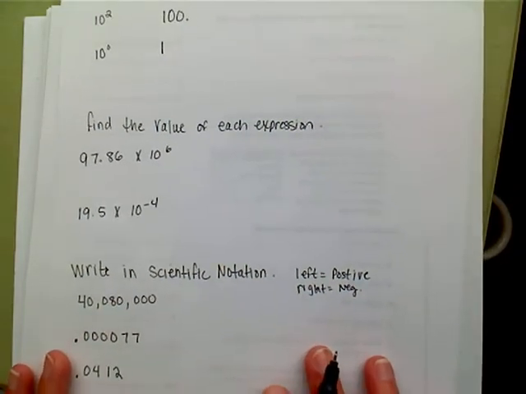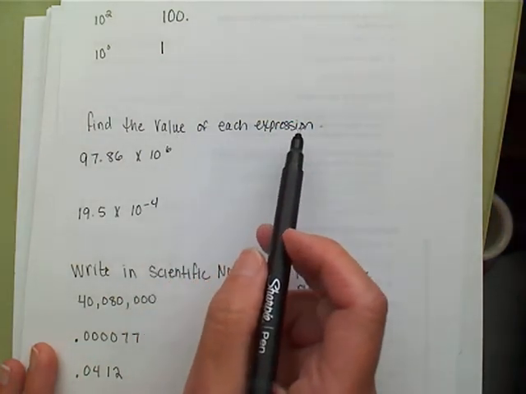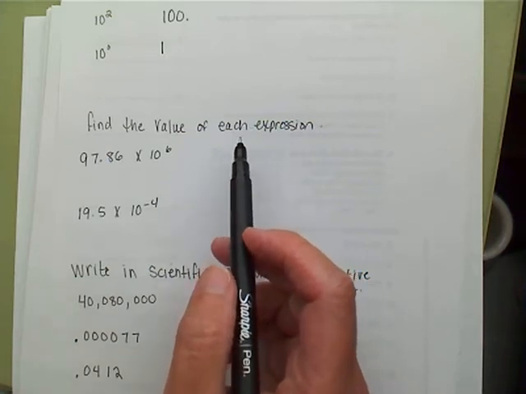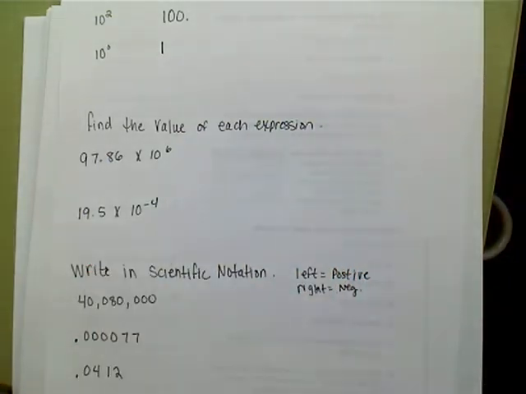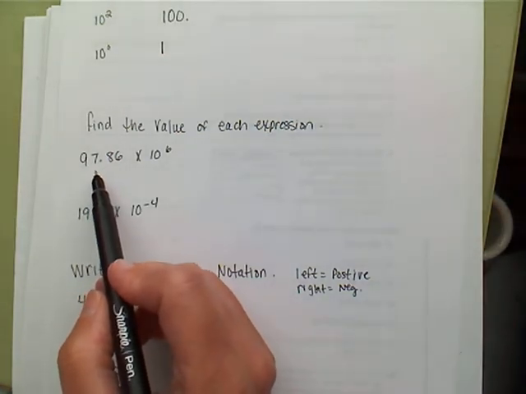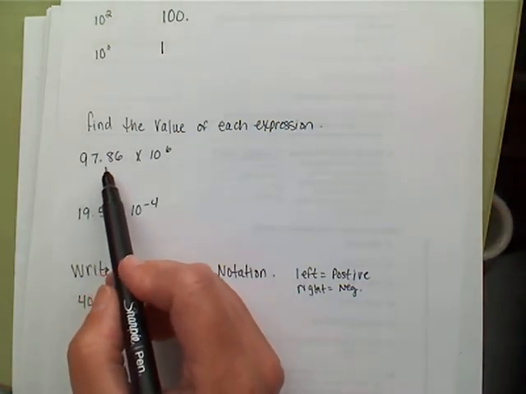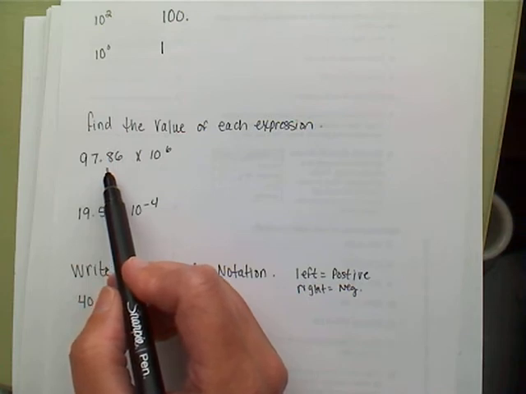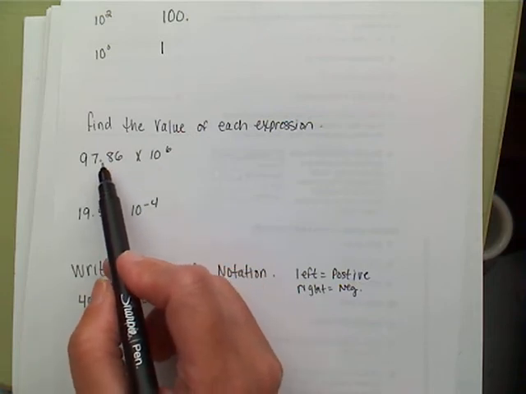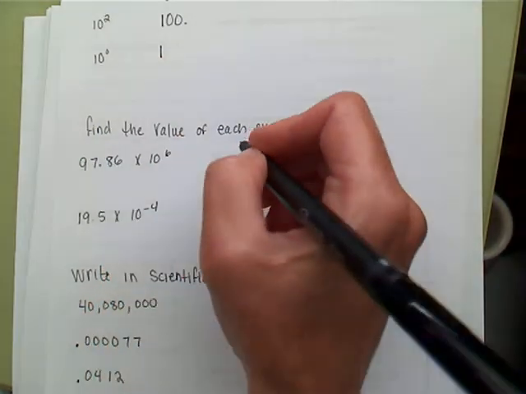The next task you might be asked to do is to find the value of each expression. So on these ones here, you're going to take your given equation here. You got 97.86, and it's telling us to multiply by 10 to the 6th power. So all you have to do now here is you have your 97.86.